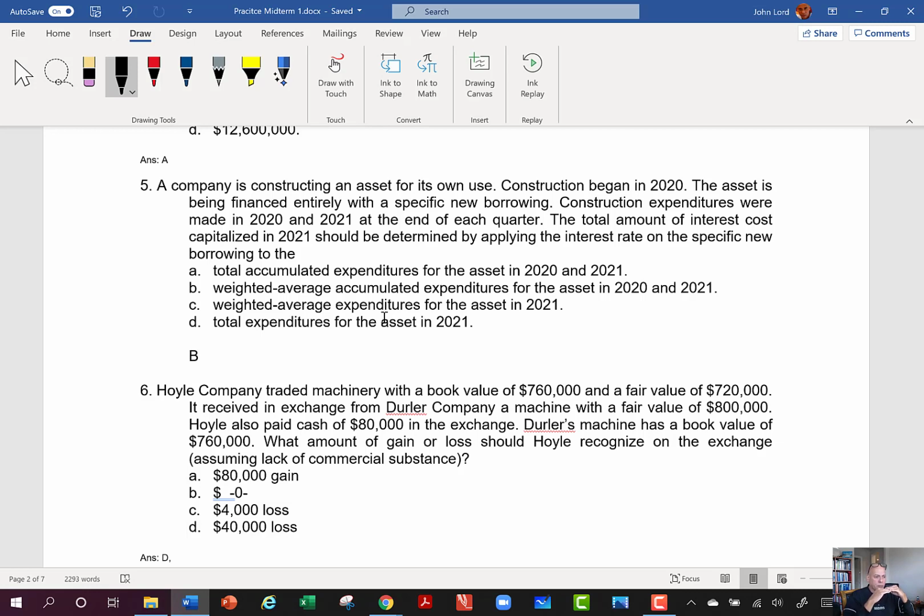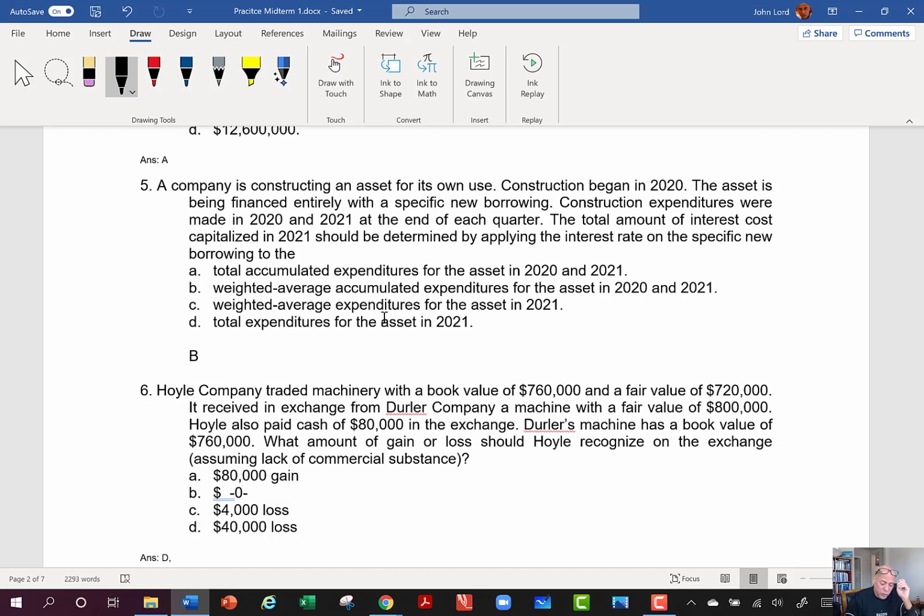We have to apply an interest rate to something called the weighted average of accumulated expenditures. And so the interest rate that we will apply will be the interest for the specific new borrowing, and that's the amount that we will capitalize as long as construction is continuing on. In the event that we have weighted average of accumulated expenditures that are in excess of the specific new borrowing, then we'll have to calculate an average interest rate on all other borrowings of the company.